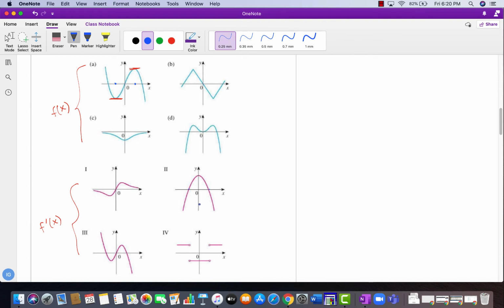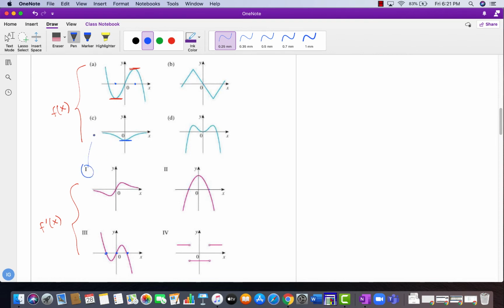How about C? Let's start with C. That one looks easier. I see there's a 0 slope right here. So that means at 0, it has to cross through 0. Okay, we have this one and this one. But this one crosses here and here as well. So this one should only cross at 0, 0. So the only one that crosses at 0, 0 will be I.